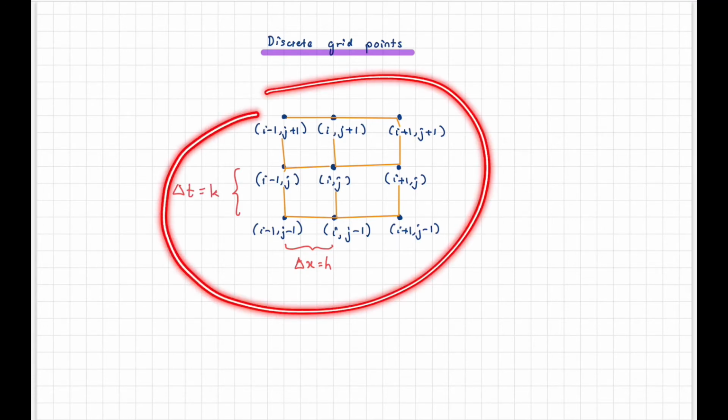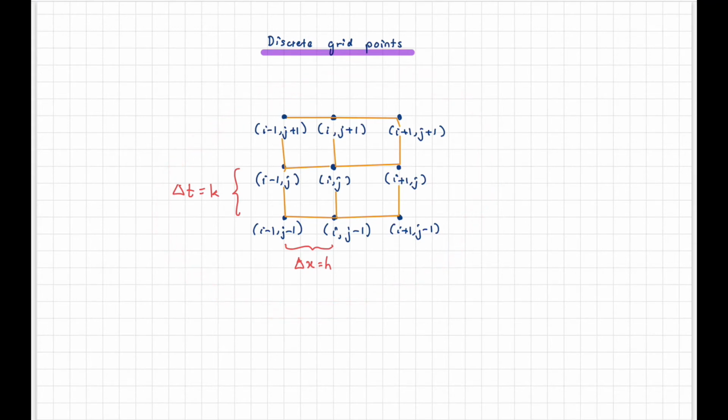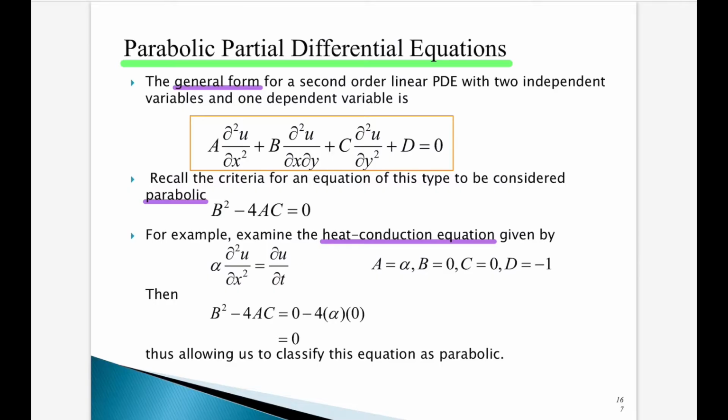So this figure shows discrete points with difference of x and difference of t as spacing in the x and t directions respectively. In this chapter, we only cover the finite difference method for parabolic problems.